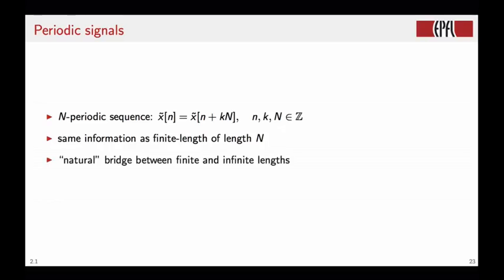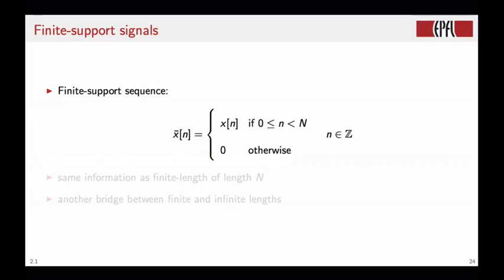Very often periodic signals are a bridge between finite and infinite length signals, because you start with a finite length signal and maybe you let the period go to infinity, or you take a periodic signal and you let the N, the length of the period, go to infinity.